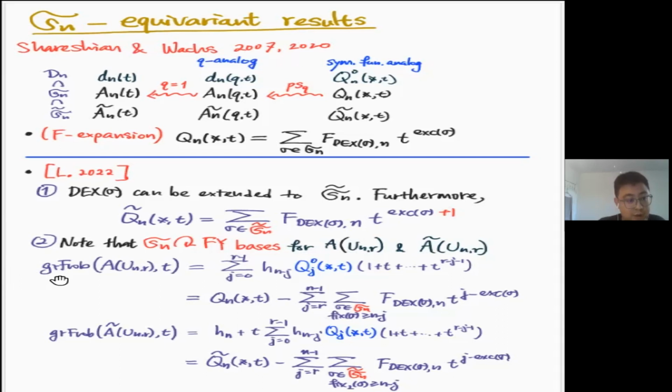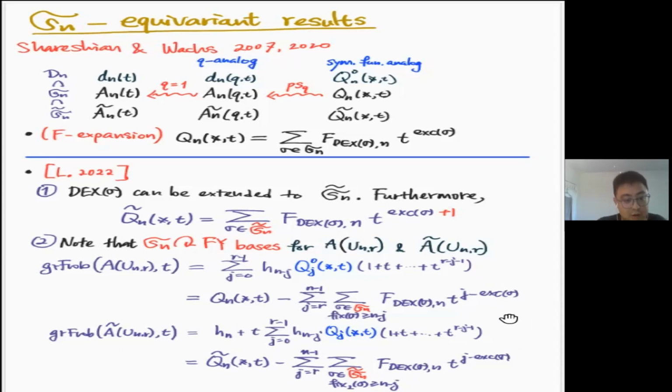So they are graded Frobenius series. And it turns out that each of them also gives us two different expressions like these. So the Chow ring case, you have this closed formula version, and also have this thing. The second one is a combinatorial expression, similar to the q-analog version, and similar for the augmented Chow ring cases.